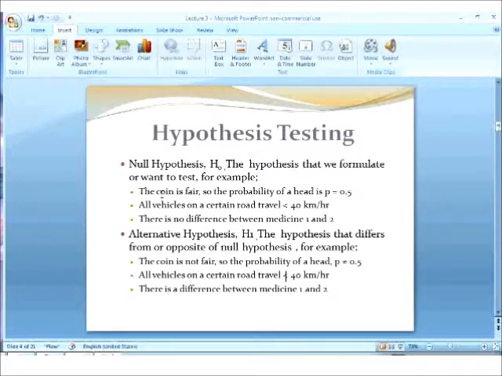Now that is your null hypothesis. Then immediately your alternative hypothesis would be it's less than 5 inches or it's greater than 5 inches. So to all null hypotheses, there is always an alternative hypothesis.